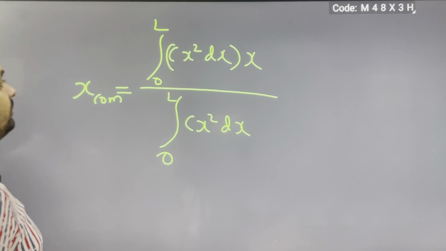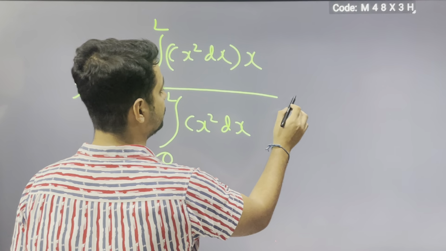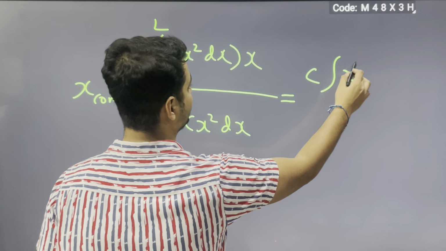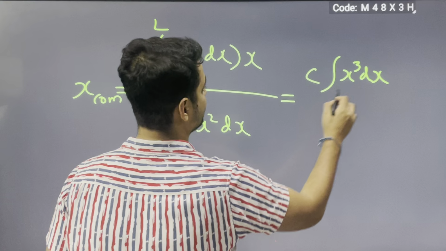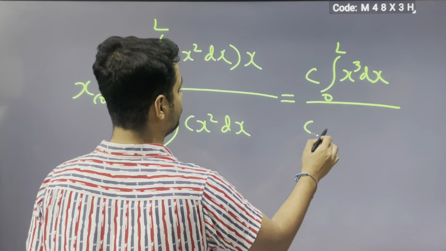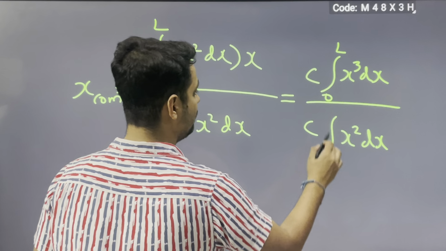Now x multiplied with x square gives cx cube. C will be outside because it is a constant, then x cube dx from 0 to L, divided by C outside, x square dx from 0 to L.